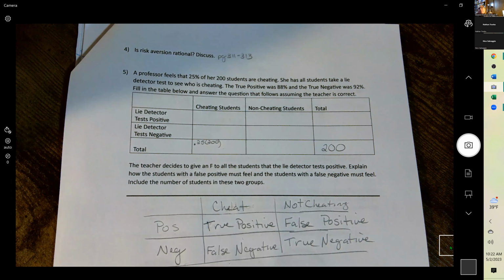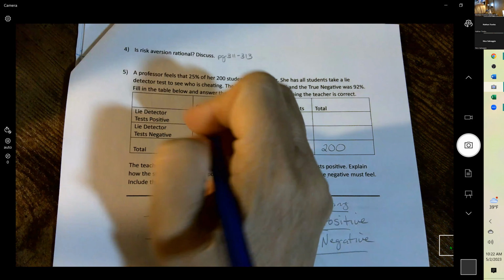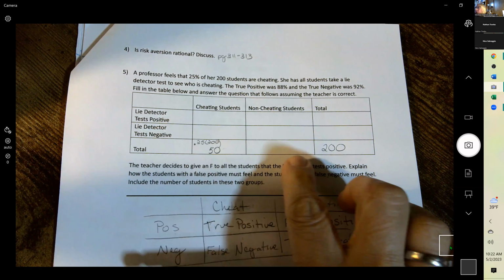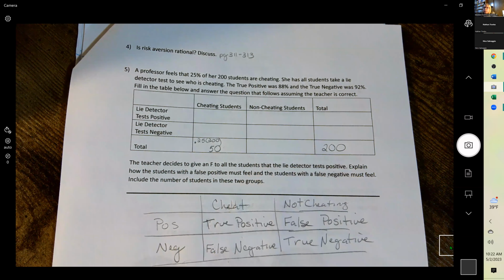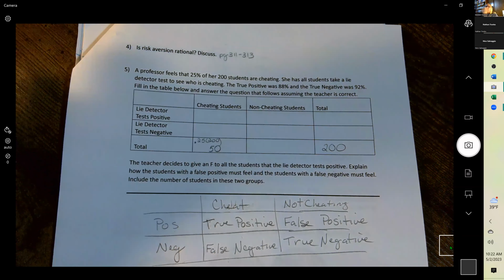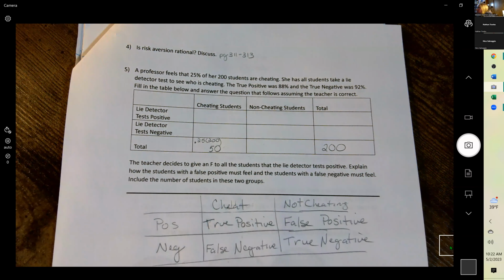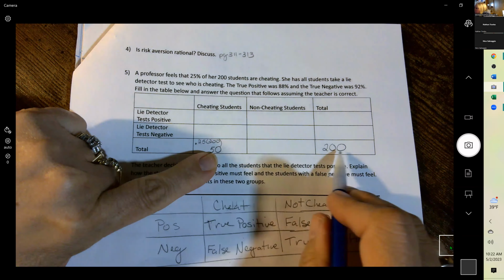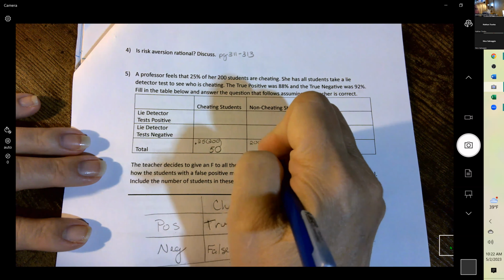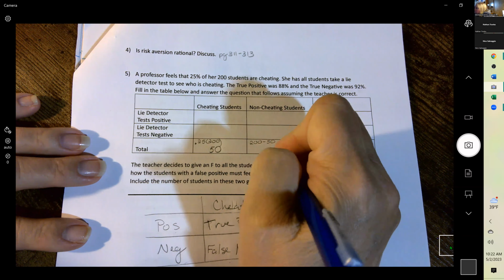Anyone? Yes, 50. If 50 are cheating, how many are not cheating? This needs to add up to 200. So if we take the 200 minus the 50, 150 are not cheating.